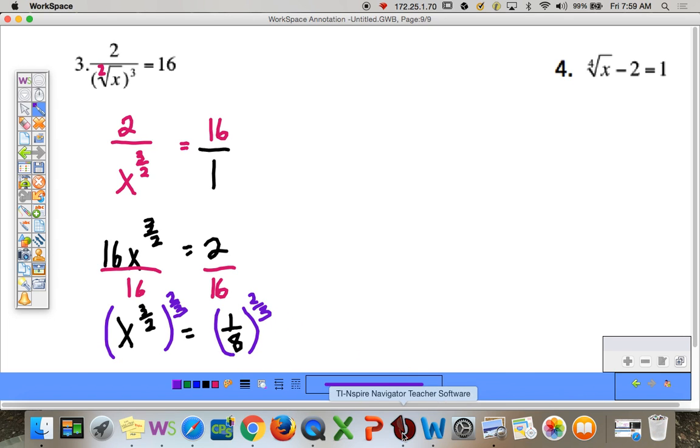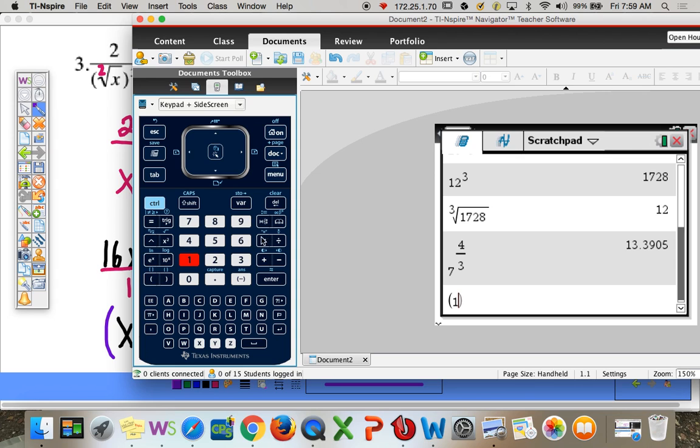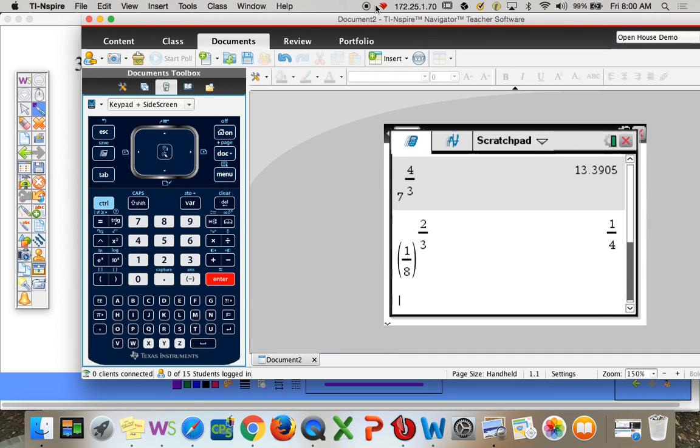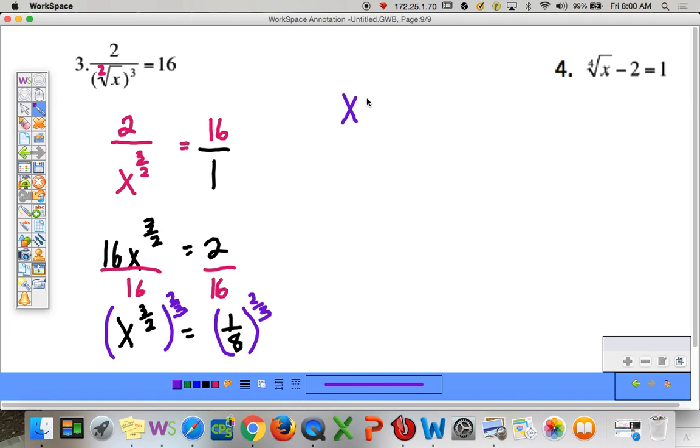So in my calculator, I'll type in parentheses 1 divided by 8 to the power of 2/3. And we'll get our answer, which is 1/4. So x equals 1/4. And again, if we type this in, we should get 16 for an answer.